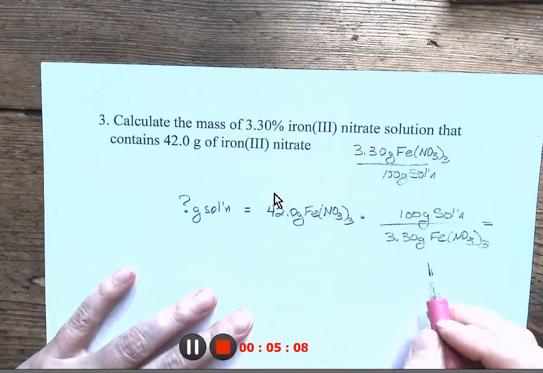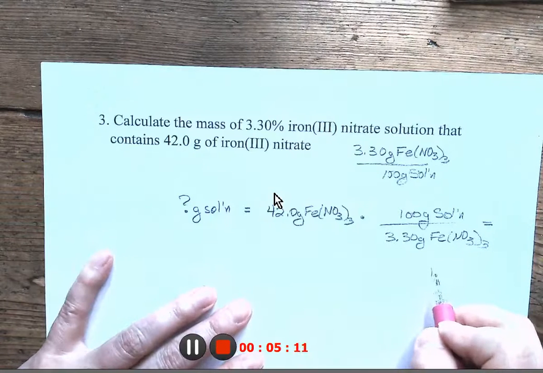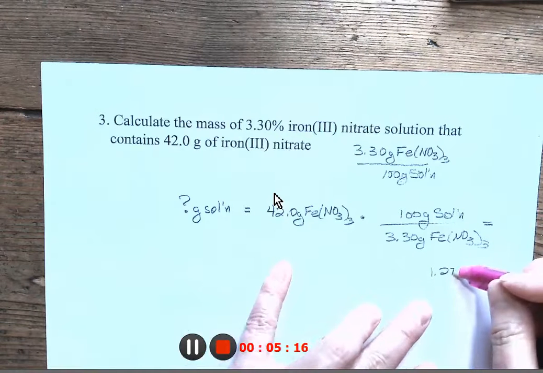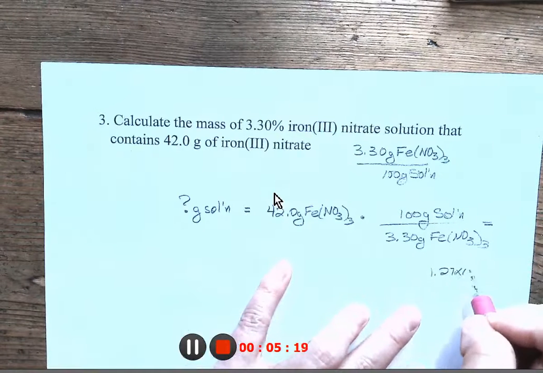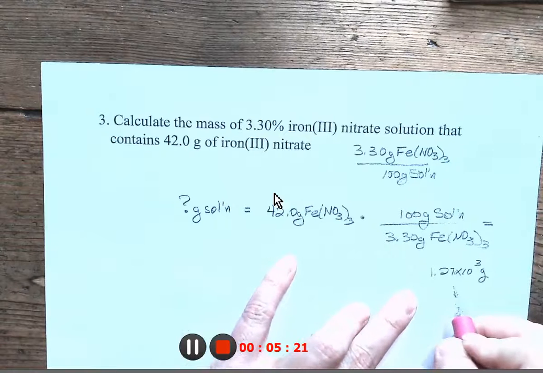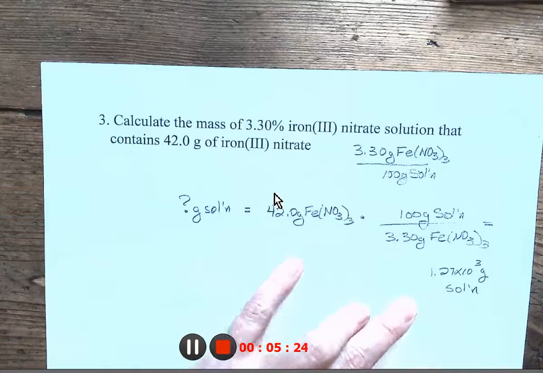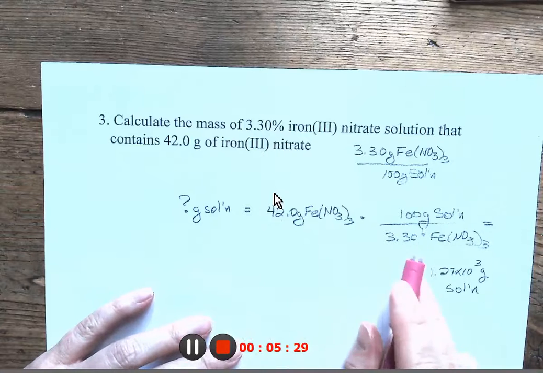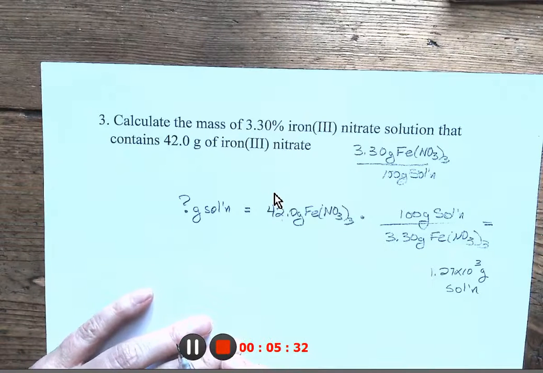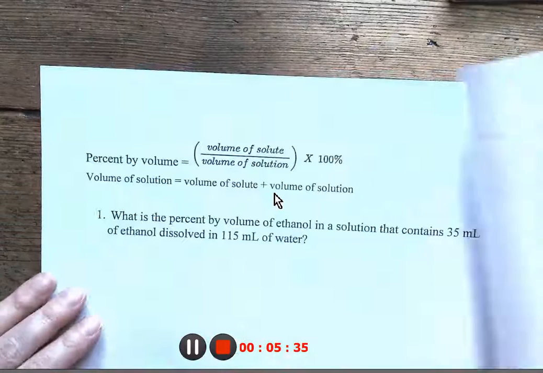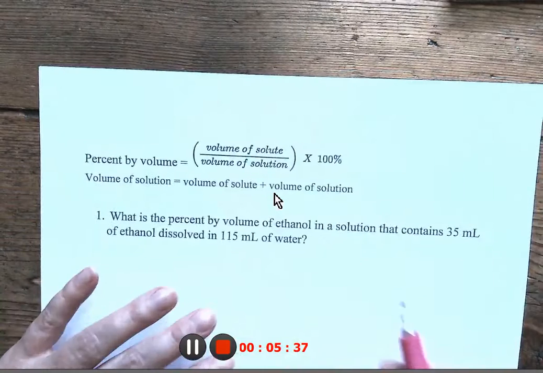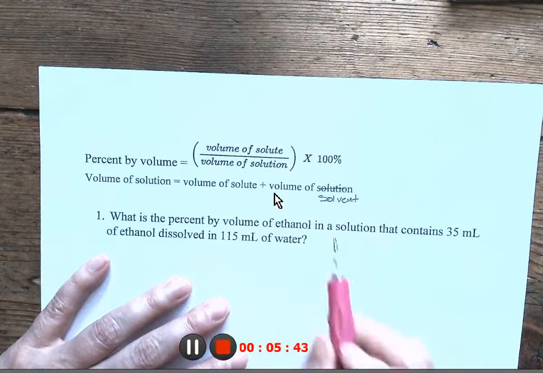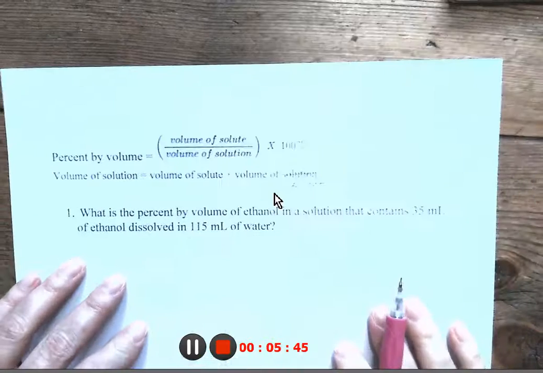We find that that ends up being 1,270 grams of solution. So 42 times 100 divided by 3.3. That should be solvent earlier; I wasn't paying attention.